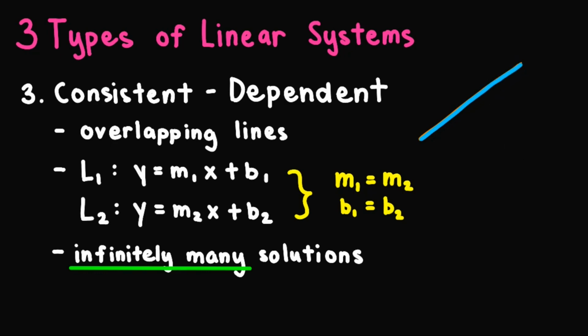So it's just overlapping. That is why there are infinitely many solutions, since the two lines intersect at every possible point. So those are the three types of linear systems. I hope that you have taken notes on it, since now we'll be trying out some examples.